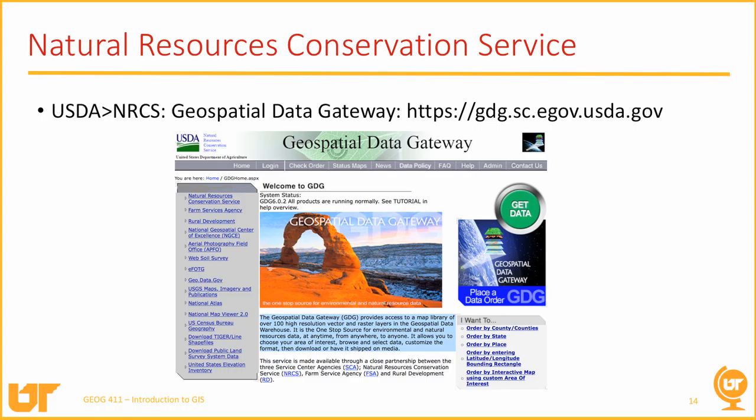This is the one-stop source for environmental and natural resources data at any time, from anywhere, and to anyone. It allows you to choose your area of interest, browse and search data, customize the format, then download it or have it shipped on media.